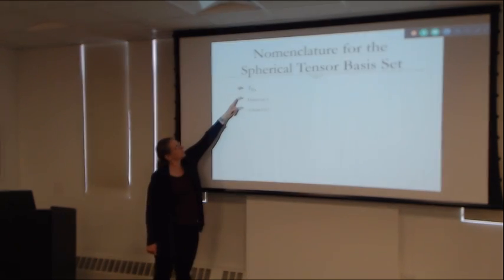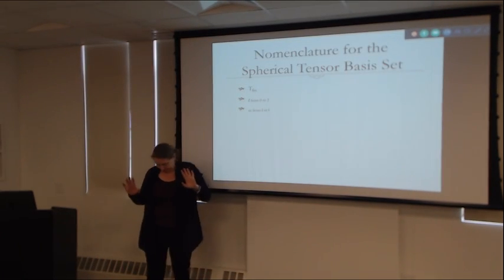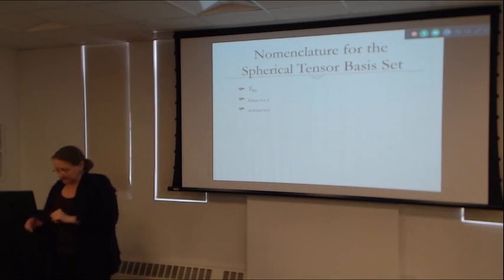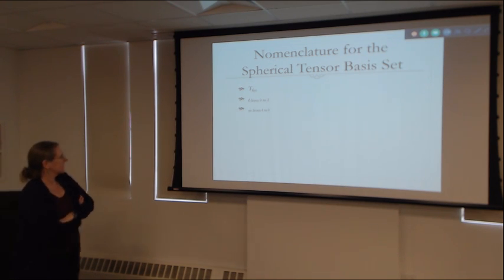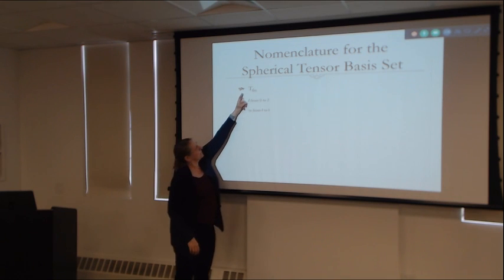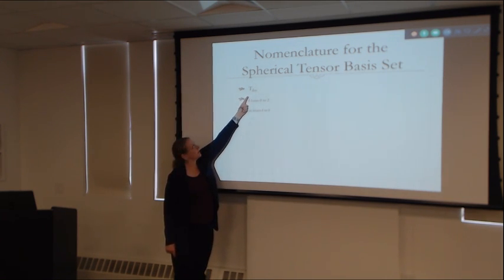So here's a nomenclature. We're going to have basis set elements, matrices, that we can use to express with linear combinations any arbitrary matrix. And those basis set matrices will have 1s and 0s in them, and they go with this nomenclature.